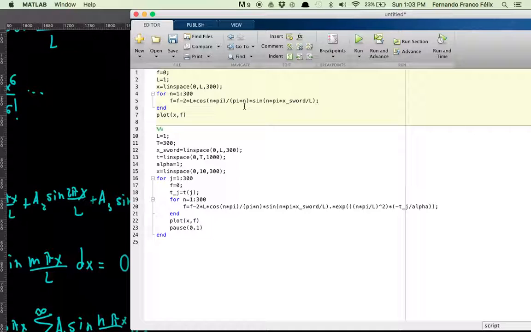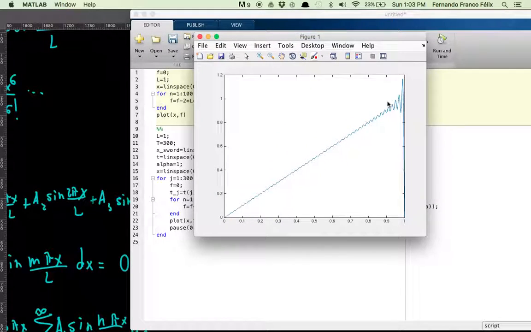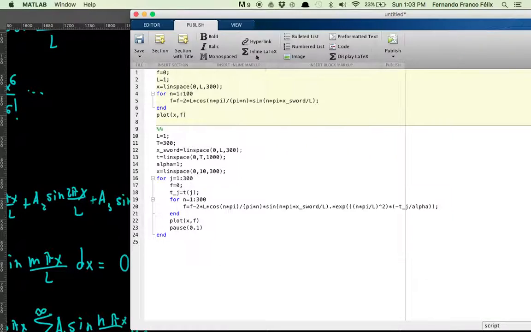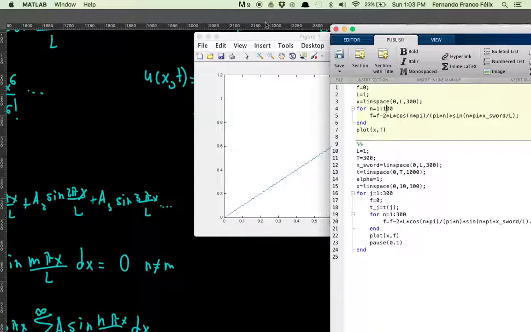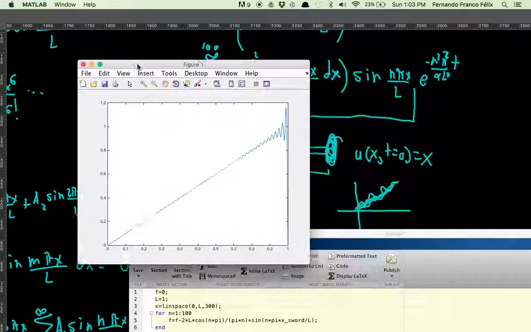Well, let's see how it looks if I take even fewer terms of the Fourier series. As you can see, it begins looking more and more squiggly. You remember that I told you that it would look more squiggly. Where was the drawing? Yeah, over here, right?